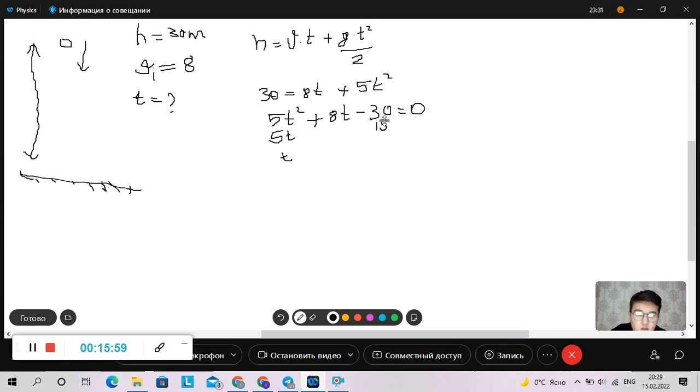And I will try to factor this simple equation, 5t and t. Okay, 15 and 2. If you multiply 15 and 2, it will also be 30.